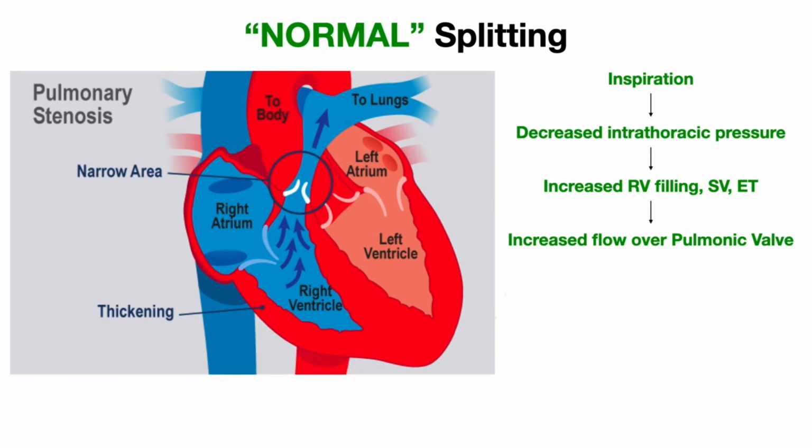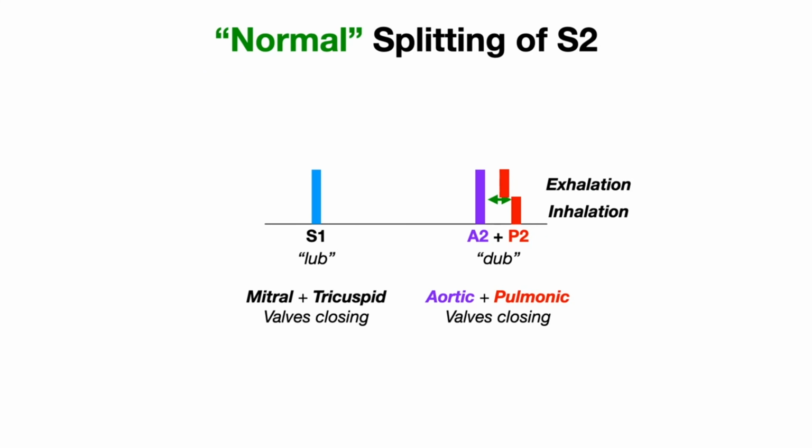So under normal circumstances, when somebody takes a breath in, and they have increased right ventricular return, which means increased right ventricular output, that is going to have a slight shift during inhalation only to space out that P2 heart sound more. Since more blood will be flowing over the pulmonic valve, it will take longer for that pulmonic valve to close relative to the aortic valve.